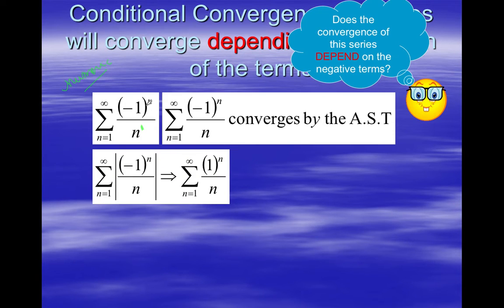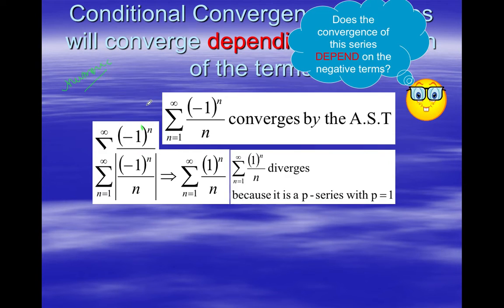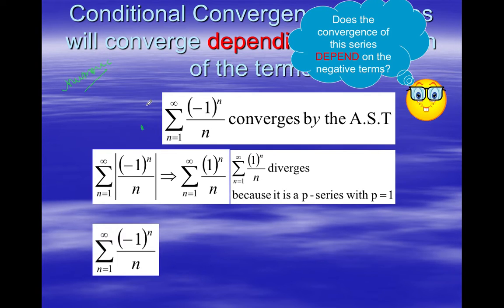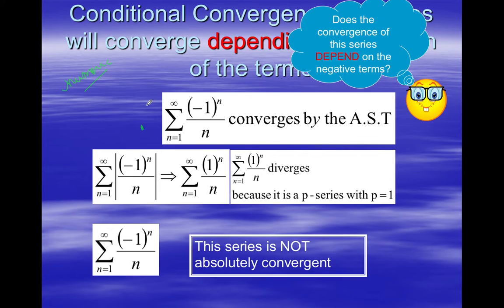So I took the absolute value of the series and I got 1 over n, which is the harmonic series, and that diverges because it is a p series with p equal to 1. Therefore, the original alternating series is not absolutely convergent.